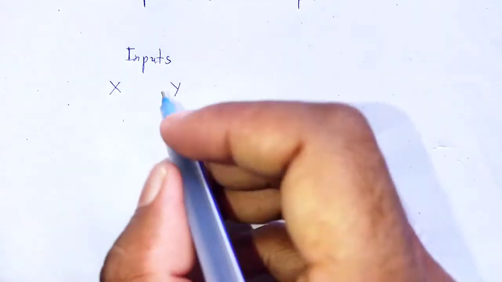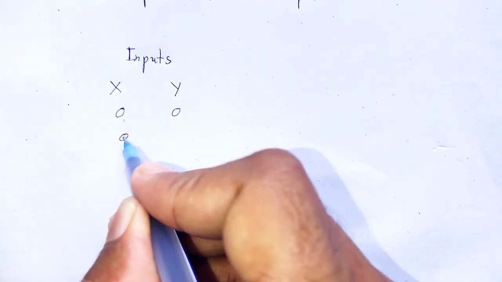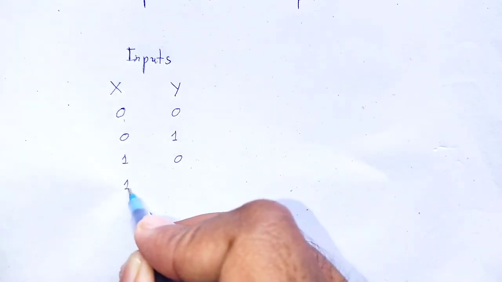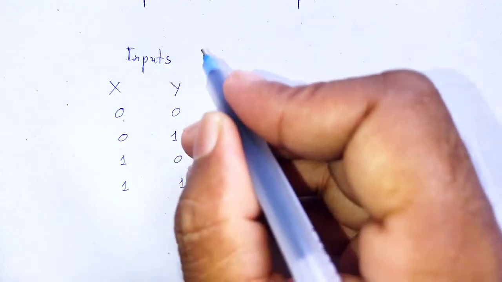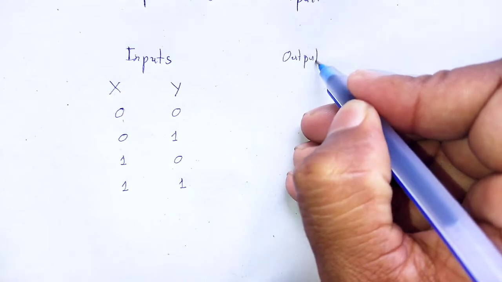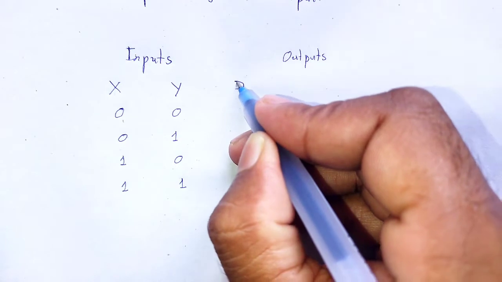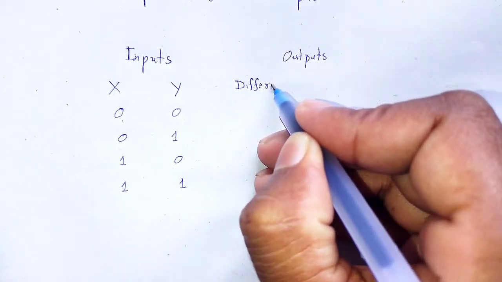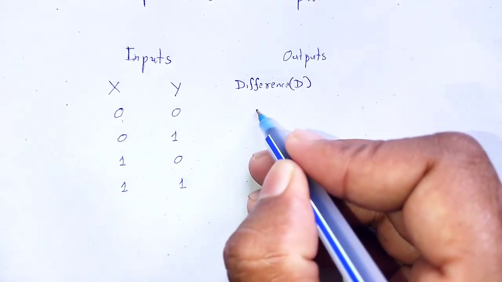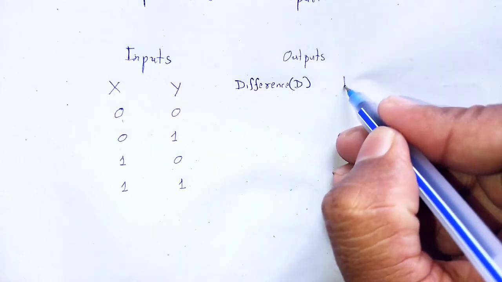The possible inputs are 0 subtracted from 0, 1 subtracted from 0, 1 minus 0, and 1 minus 1. In outputs, we have the difference d. 0 minus 0 will be 0. In that case, what will be the borrow?